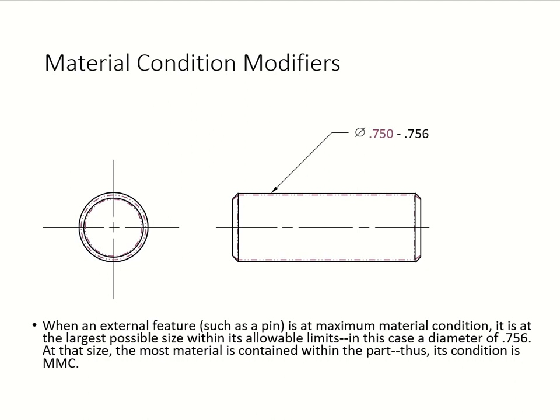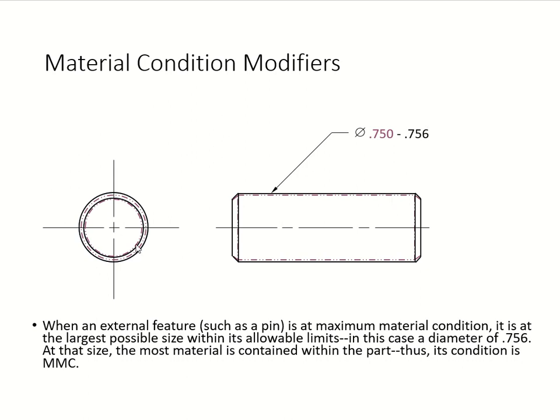The MMC for an external feature, not a hole but a pin, has to be at its largest possible size. So in this case it is 0.756. Why? Because for an external feature, you're going to have the most material. So the largest will maintain the most material.